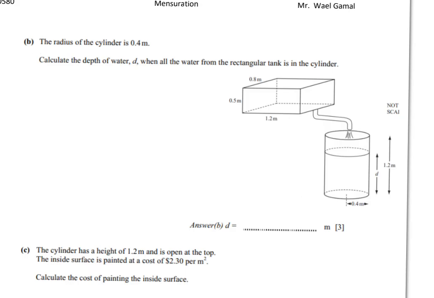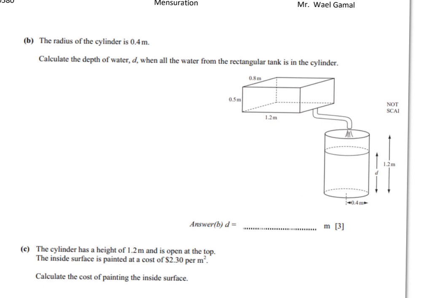Now for B, the radius of the cylinder is 0.4 meter. Calculate the depth of the water when all the water from the rectangular tank is in the cylinder. So now the volume of the water in the cylinder is the same as the volume of the water of the tank, so 0.48 meter cube. This is the volume of the water inside the cylinder.